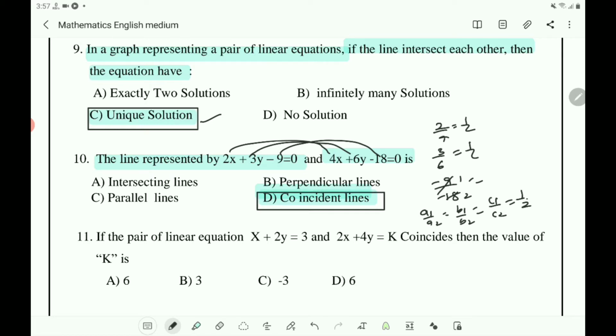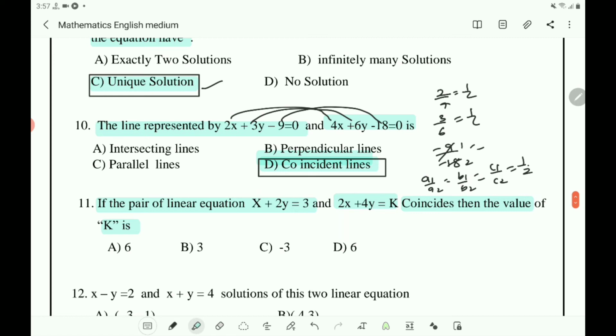Next you take question number 11. If the pair of linear equations x plus 2y equals 3 and 2x plus 4y equals k coincides, then the value of k is. Here, if they coincide, you know that a1 by a2 equals b1 by b2 equals c1 by c2.